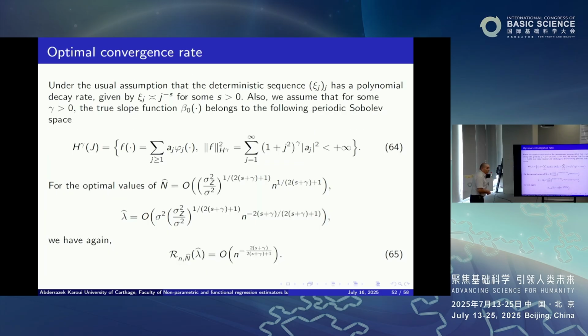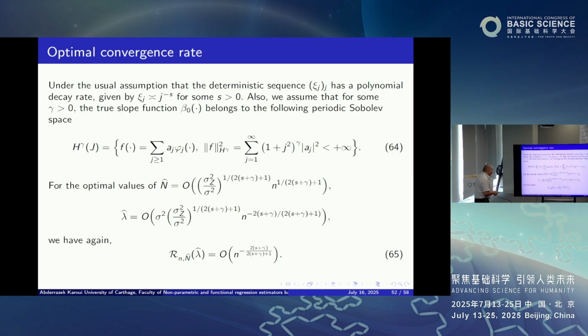And we have to assume that the slope function belongs to some periodic Sobolev space. And these are the optimum choices of the parameters: there is the parameter n, the dimension of the projection space, and the regression parameter.